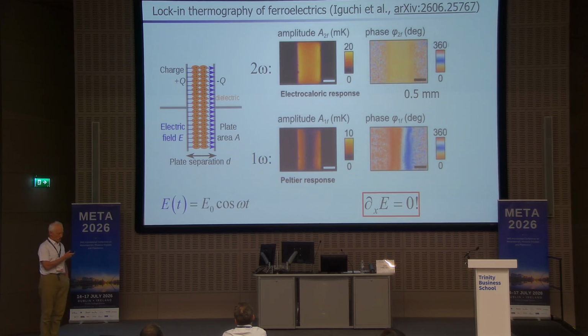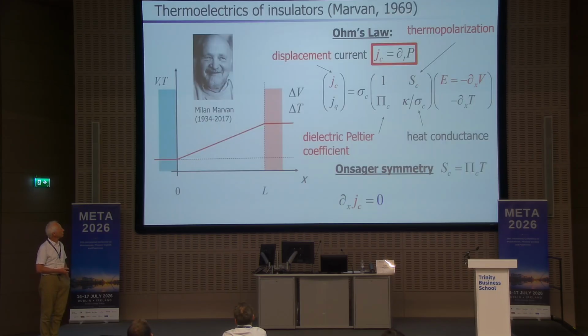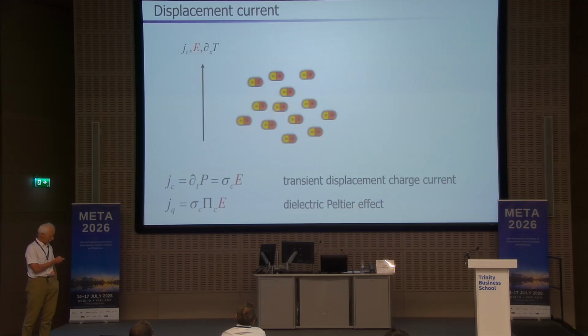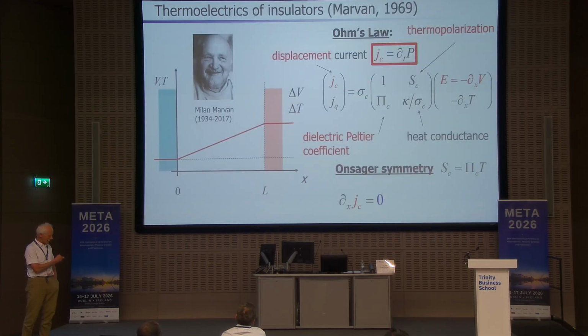So what is happening here? Now, it turns out that a long time ago, there has already been a theory of thermoelectric effects in electric insulators by Mahan. So the 2x2 Onsager relation is exactly the same as in metals, but this JC cannot be a constant one, right?